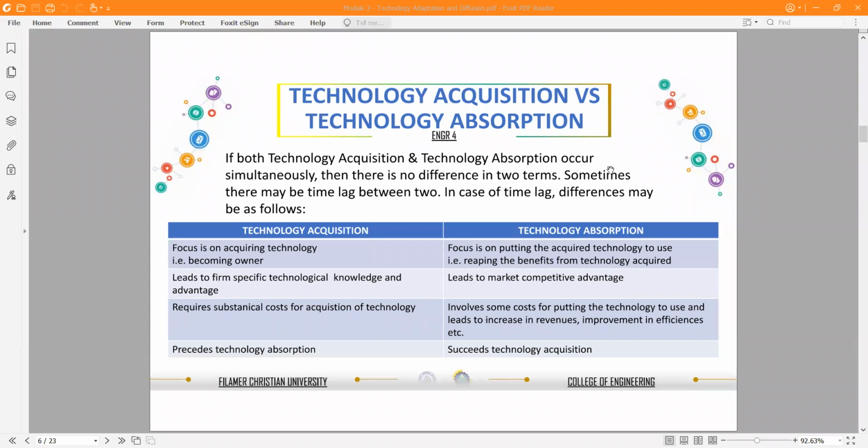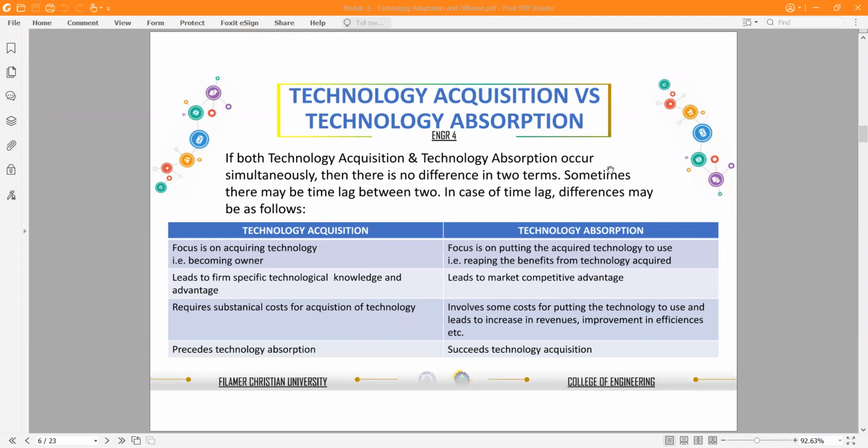So we have here for the technology acquisition, focus is on acquiring technology. Whereas in technology absorption, the focus here is on putting the acquired technology to use. Okay? So for example, being an owner. Okay? So nag-acquire ka sa technology. So meaning, you will become an owner.